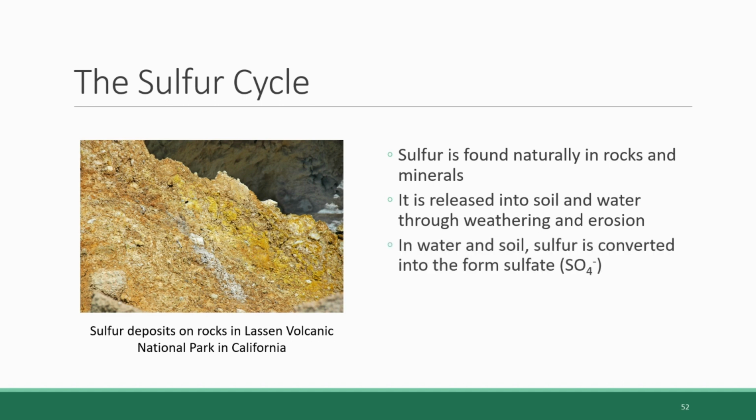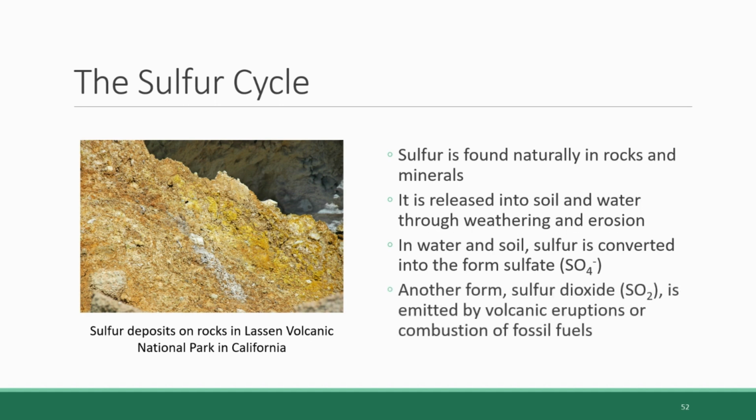And once in the soil and water, the sulfur gets converted into the form of sulfate ions, or SO4 with a negative electric charge, through a variety of biochemical and geochemical processes. Another form of sulfur, gaseous sulfur dioxide, or SO2, is also emitted into the environment, not through the erosion of rocks, but by volcanic eruptions, as well as the combustion of fossil fuels.